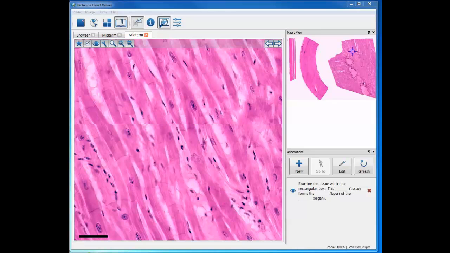Some people put smooth muscle, tunica media, and the artery. And I would say in that case, it probably didn't zoom in to look and identify this as cardiac muscle. Let's go to the next question.